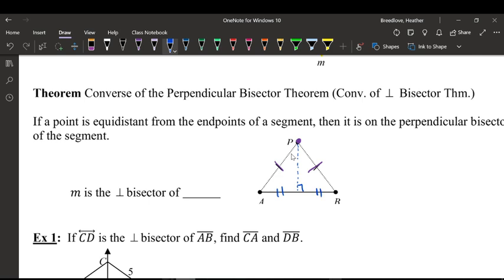Of this, M is the perpendicular bisector of segment AB. So we can draw this line, here it's called line M. Because you have a segment and this point is equidistant from the two endpoints, that means you can draw a line perpendicular to the segment and it will split the segment into two equal pieces.